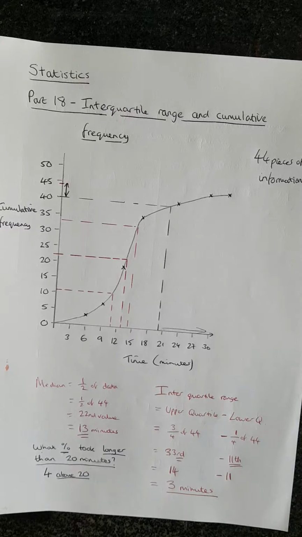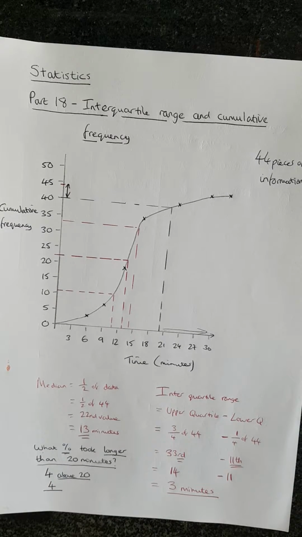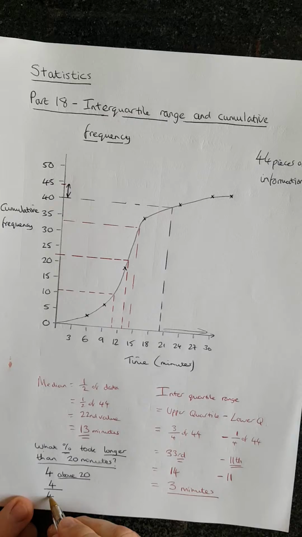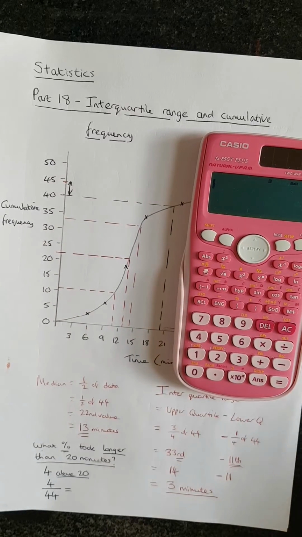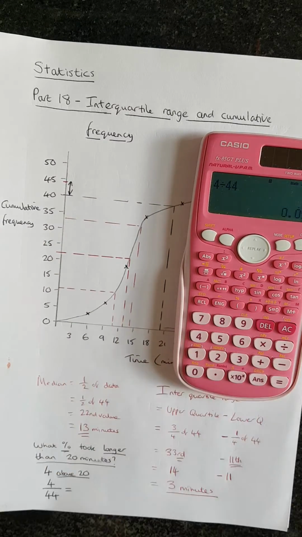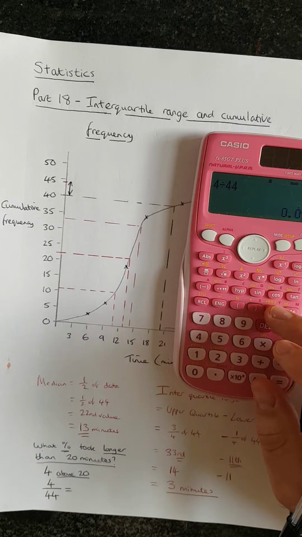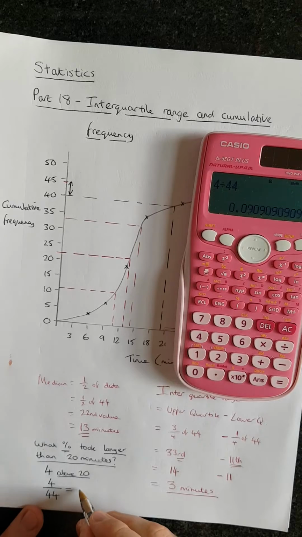The question was, what percentage took longer than 20 minutes? Well, that's 4 out of how many? 4 out of 44. So, 4 divided by 44 as a decimal is 0.0909090.